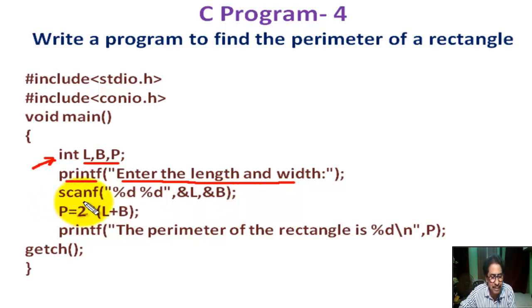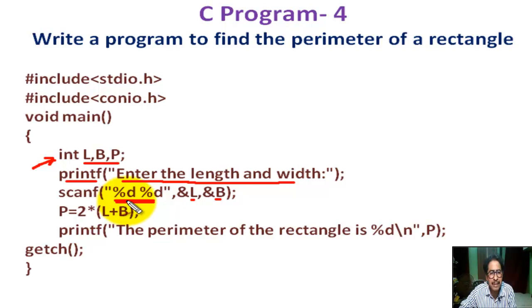By the scanf function, input values of variables L and B from the keyboard. In scanf, here %d and %d, this is the format string. For an integer variable we use %d.